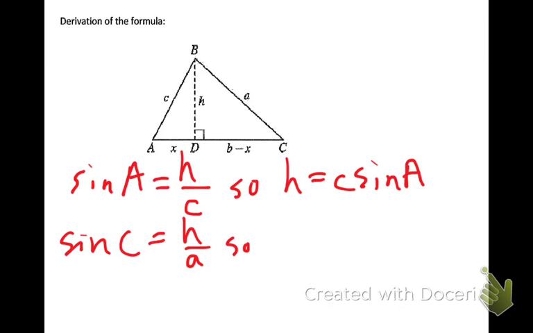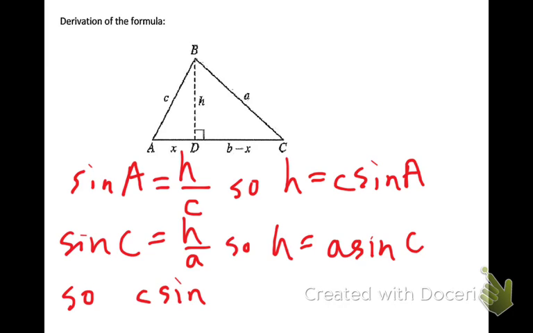So h equals a sine C. Right? Since those both equal h, we can set them equal to each other. We can say c sine A is equal to a times the sine of C. And we want a and c on the top by themselves, right?